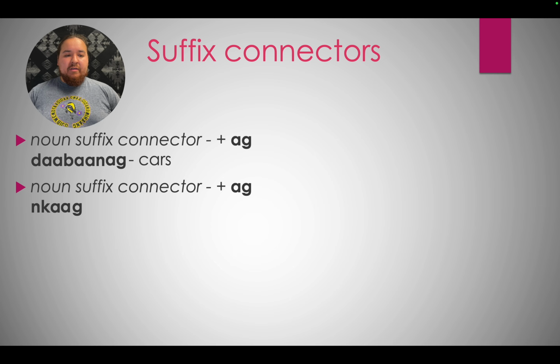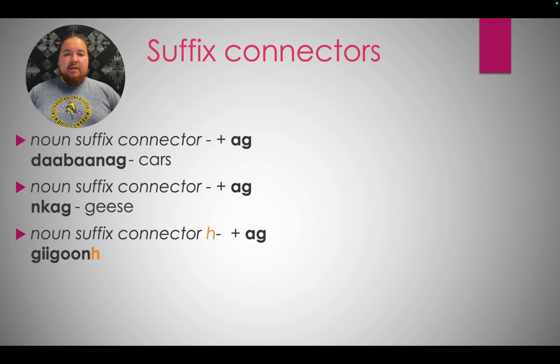When we add that together, we've got to get rid of one of the A sounds and then bring in that G sound. Nkag for geese. For our nasal suffix connectors like gigon, when you add ag, the H turns to a Y, and then you add ag. So gigonyag, fish, plural.